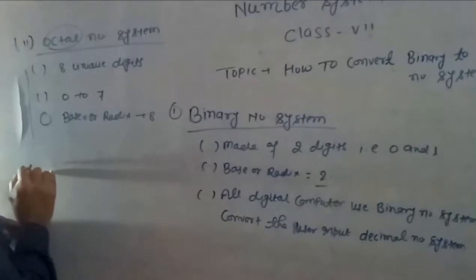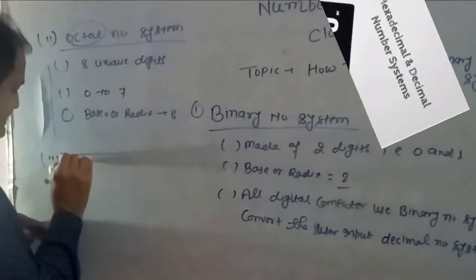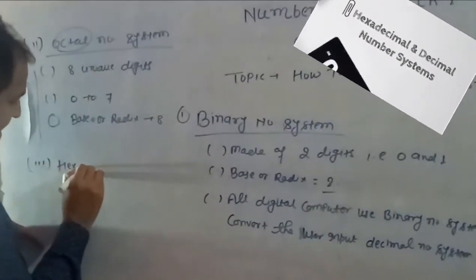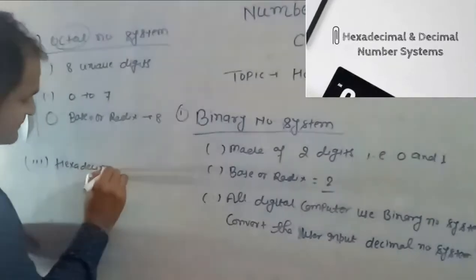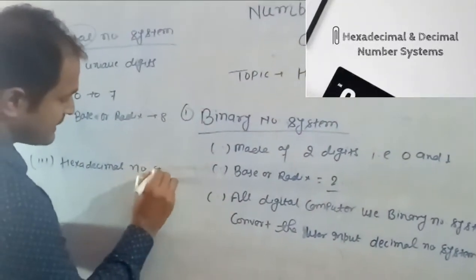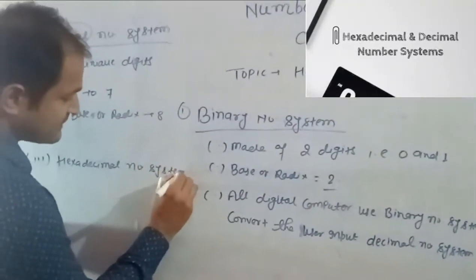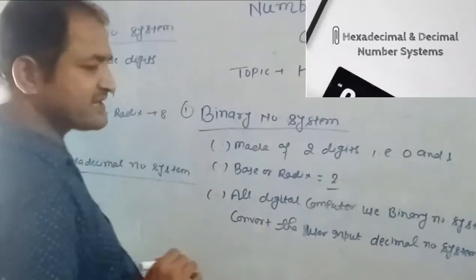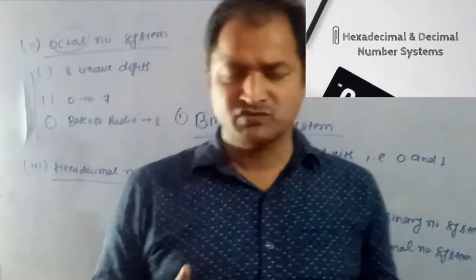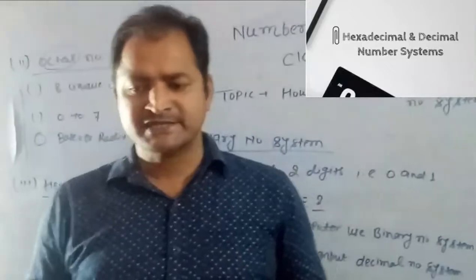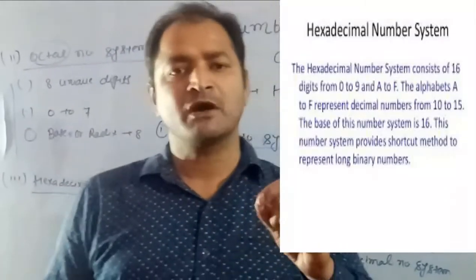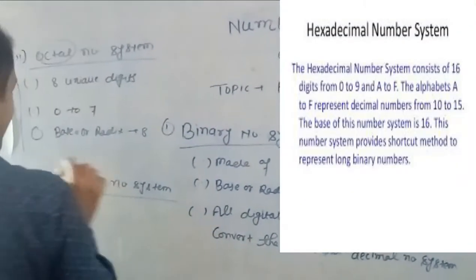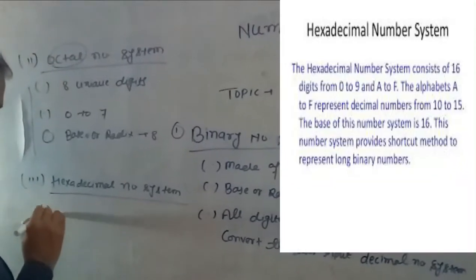Today the third point, hexadecimal number system. My dear student, you remember from previous classes, the hexadecimal number system is made of 16. Hexa means 16.